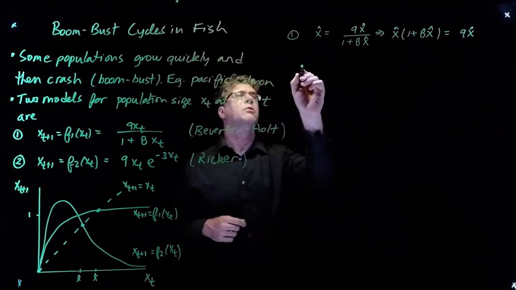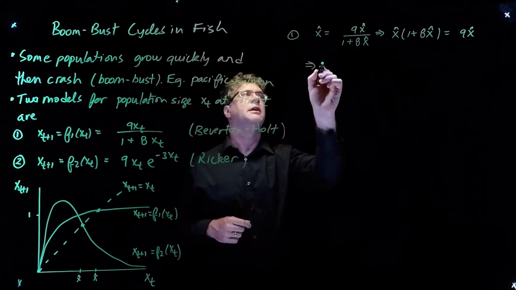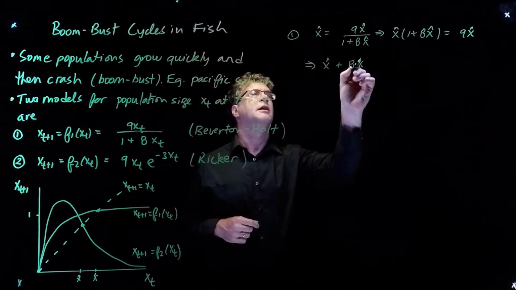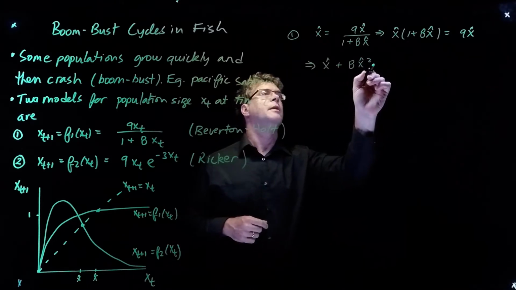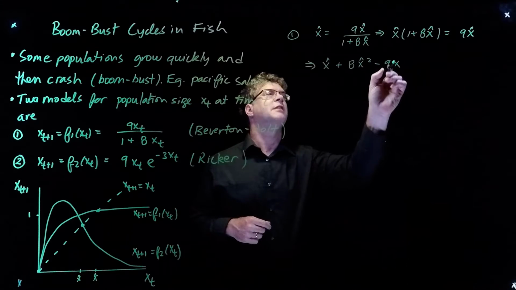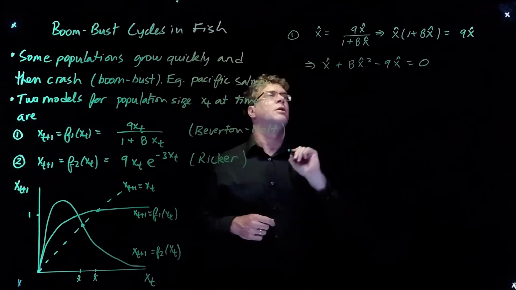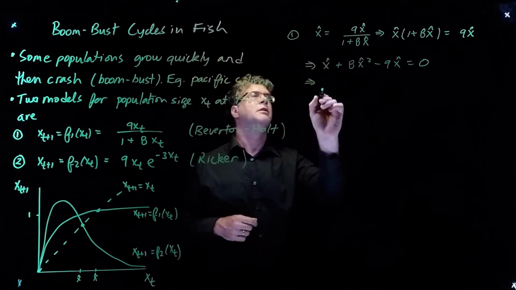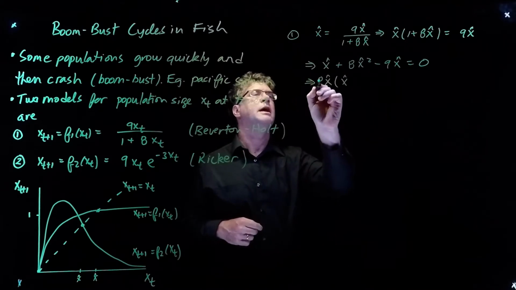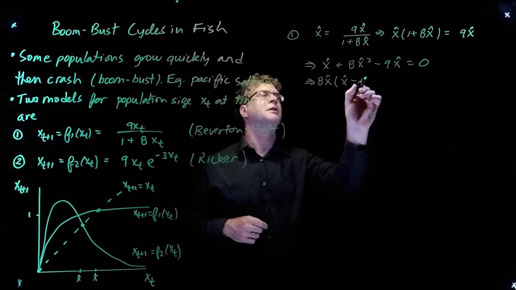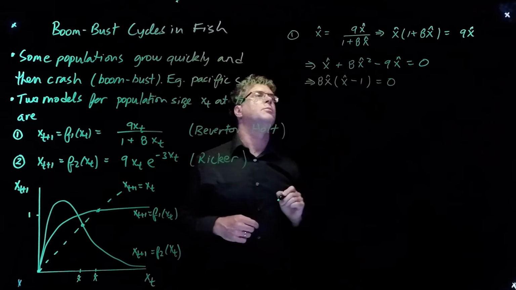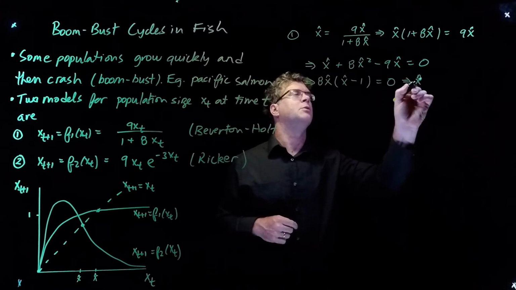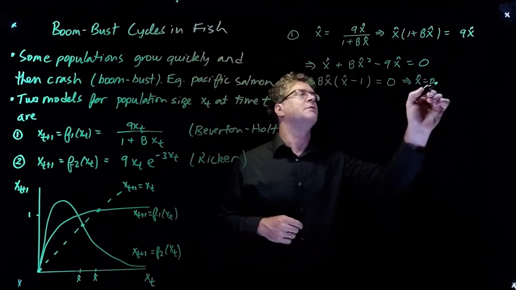Then we can write this out as x hat plus 8x hat squared minus 9x hat equals 0. Simplifying, we get 8x hat times (x hat minus 1) equals 0. So either x hat equals 1 or x hat equals 0.